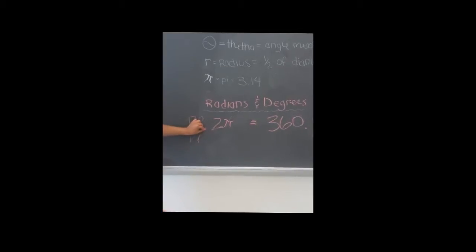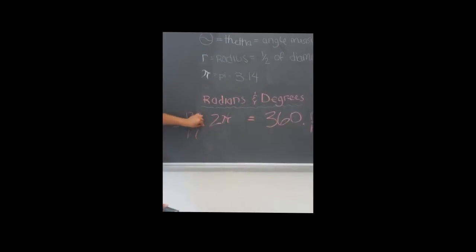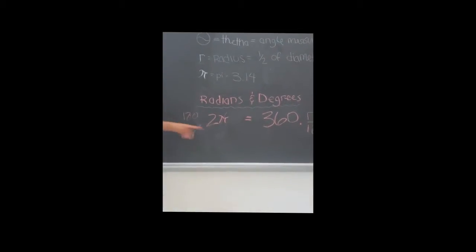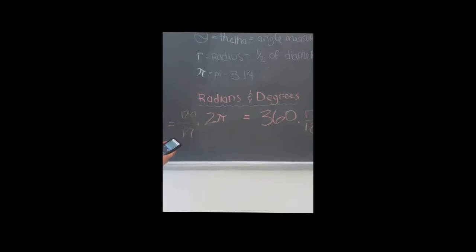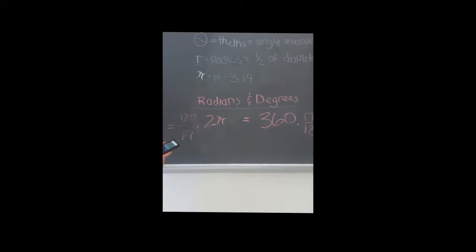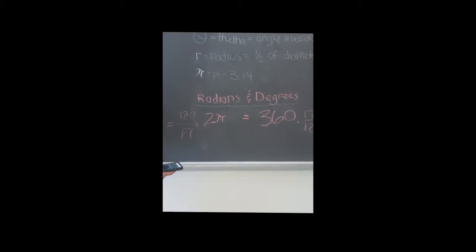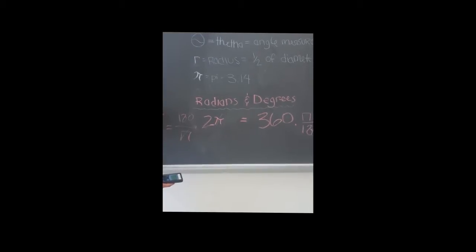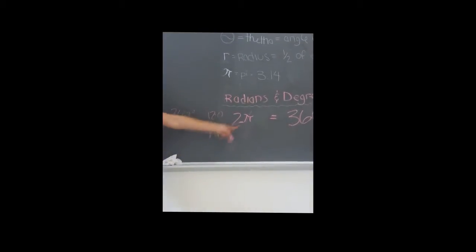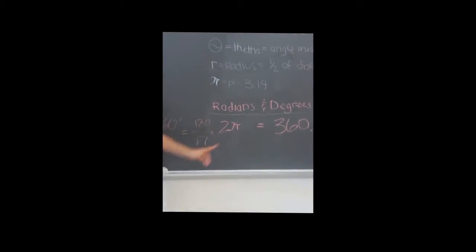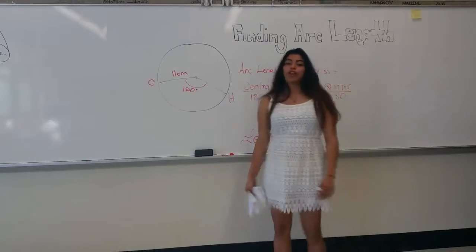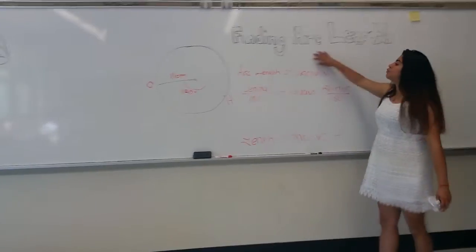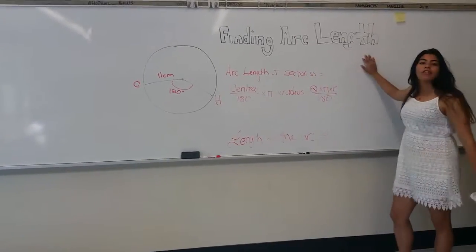I'm sorry, you guys, hope you can see that. But anyway, you want to do 180 times 2, because the pi is gone already. So you do 180 times 2, which is 360. And the pi is already gone because you already cross-multiplied that. And that's your degrees.